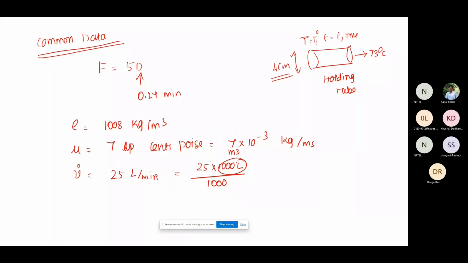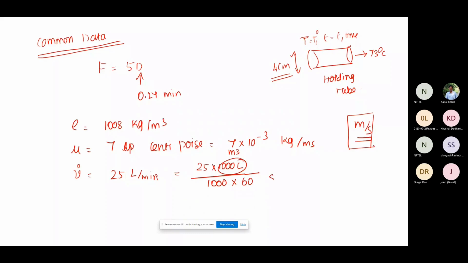And also if you see, everything is in minutes, so if you want your velocity in meter per second, because that is what is asked in the question, average velocity, maximum velocity, you are supposed to calculate in meter per second. So here it is given in minutes, so you also divide by 60, that means 60 seconds are 1 minute.